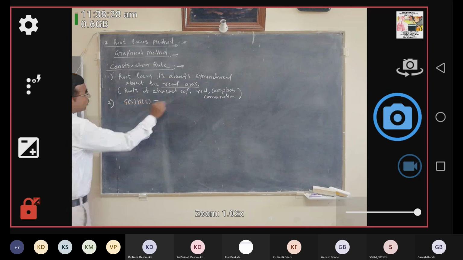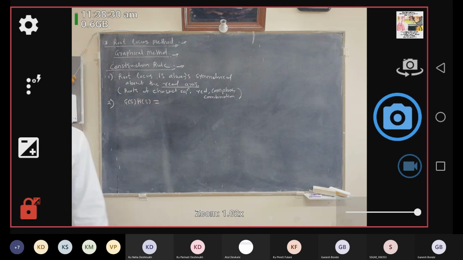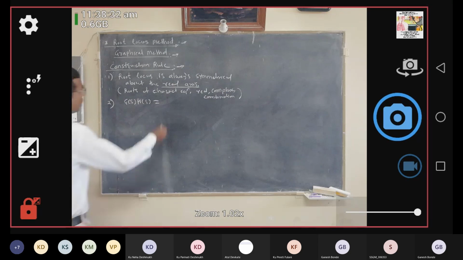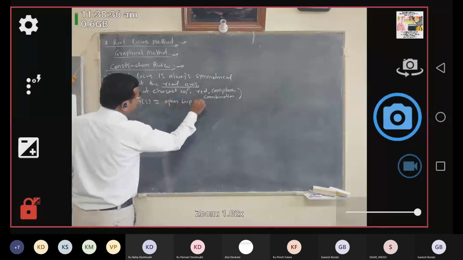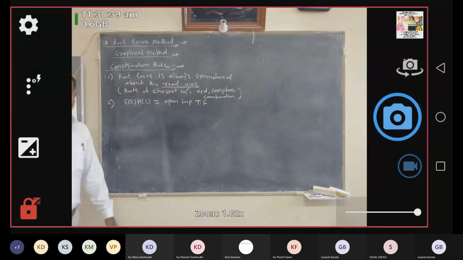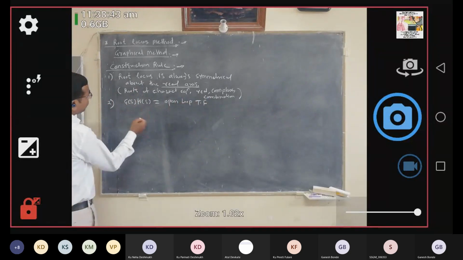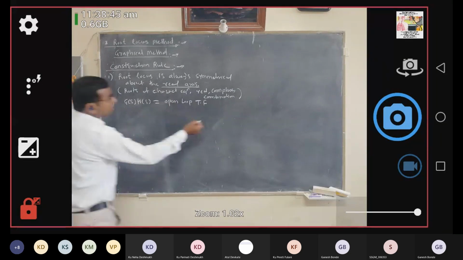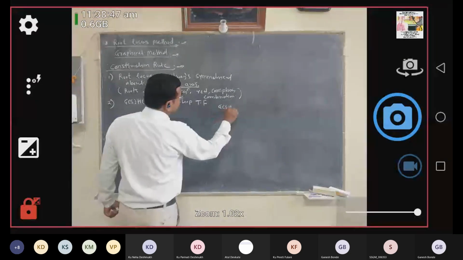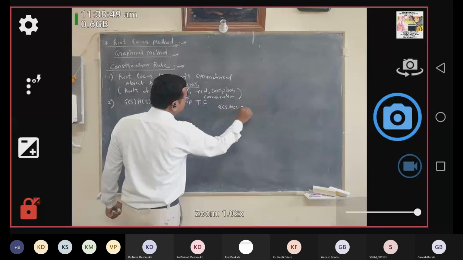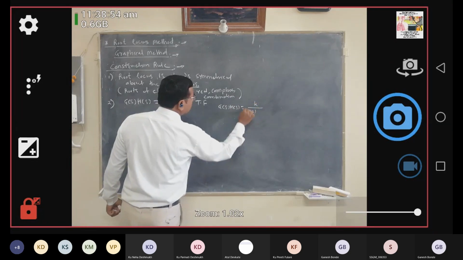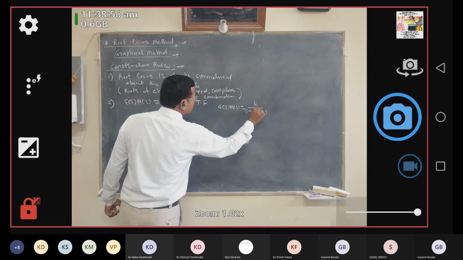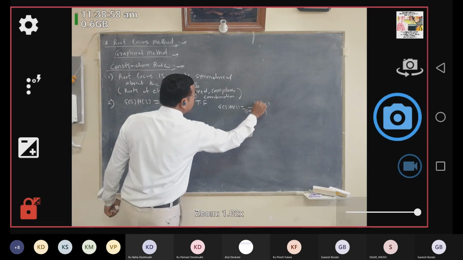Take any example, say G(s)H(s) equals K upon (s+2)(s+4), with (s+1) in the numerator, like this.